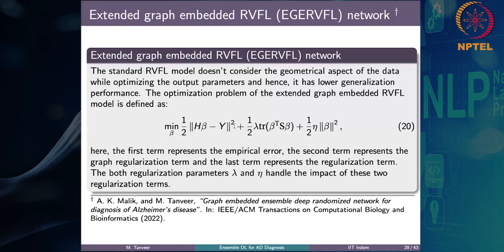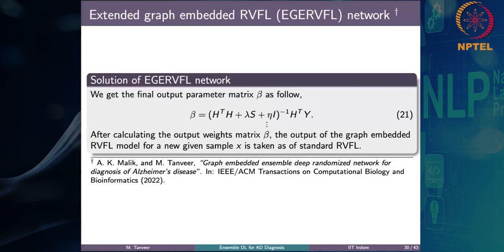So here the first term represents the empirical error, and the second term represents the graph regularization term, and the last term represents the regularization term, and both the regularization parameters, that is eta and delta, handle the impact of these two regularization terms. So finally, when we solve these problems we can get the beta, that is the output matrix.